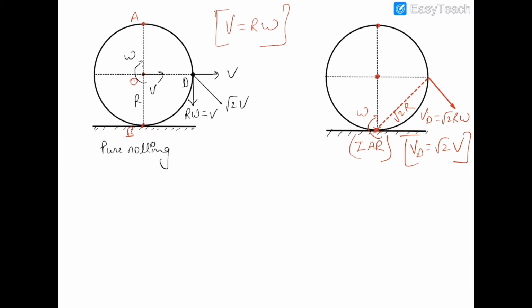So if we find out this velocity by the concept of IAR, then we know that in this case of pure rolling, the IAR is point B, and the axis which is passing through this point B is IAR.